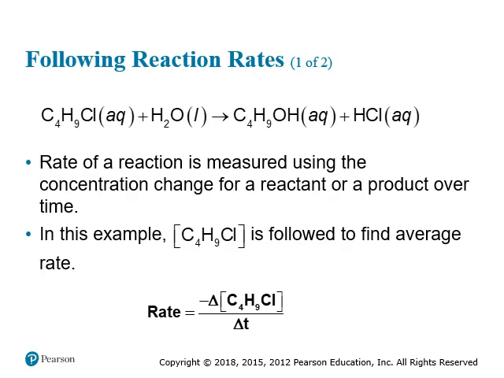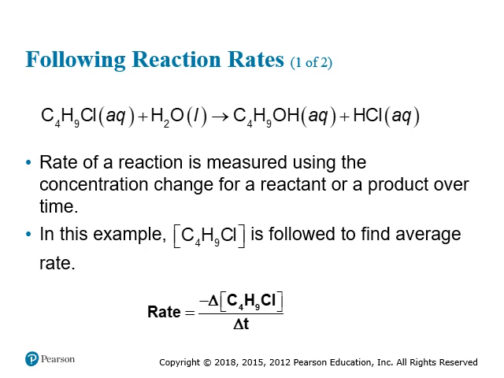Let's take into consideration the following reaction. The reaction of butyl chloride with water in order to form butyl alcohol, also known as butanol, and hydrochloric acid. Now, in order to determine the rate of the reaction or how quickly the reaction is taking place, we're going to pick either a reactant or a product and determine how that concentration changes over a given amount of time.